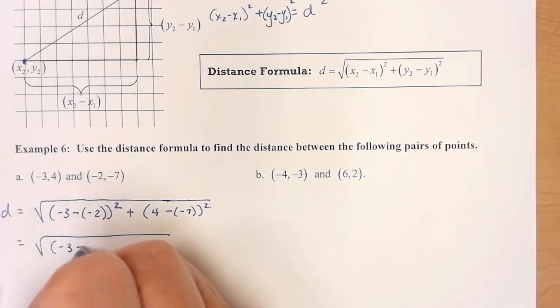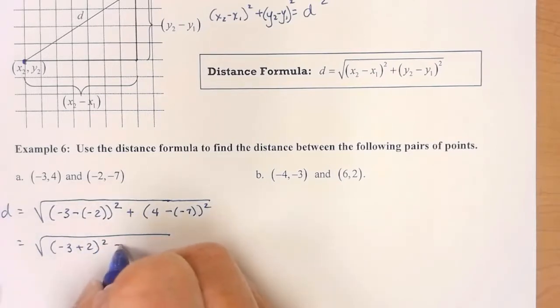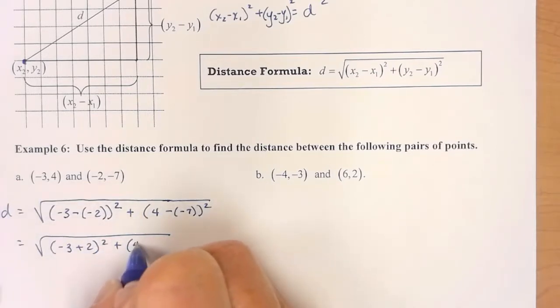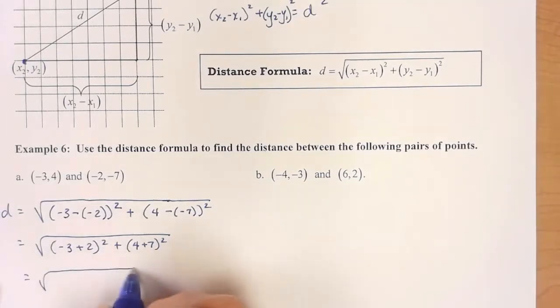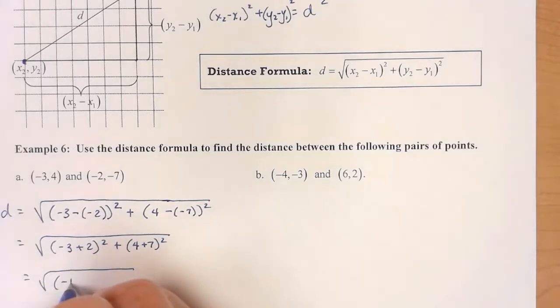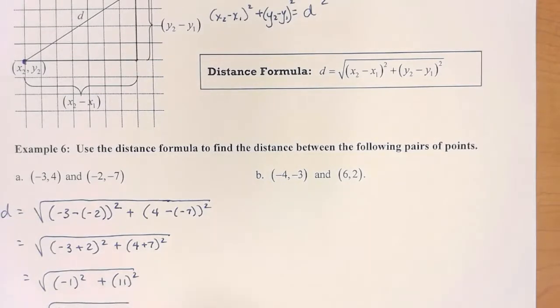That's a negative 3 plus 2 quantity squared plus 4 plus 7 quantity squared. So notice it's starting to get smaller. That would be a negative 1 squared plus 11 squared. That would be 1 plus 121, square root of 122.